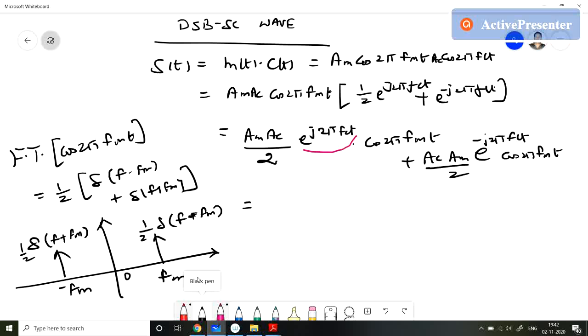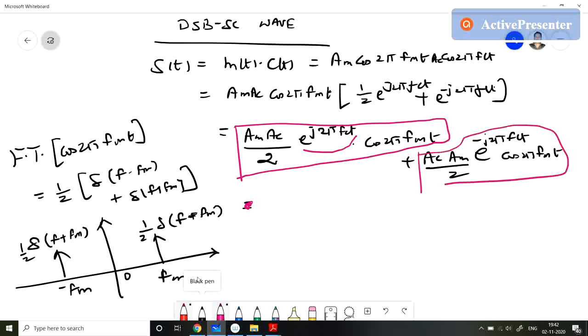So let us draw the spectrum. First we can write the Fourier transform. We have two signals here, so this is the first signal and this is the second signal. Let us find the frequency spectrum.